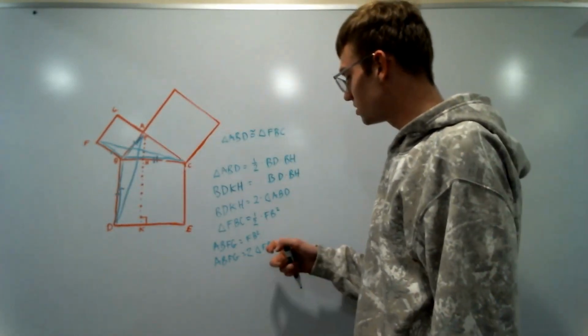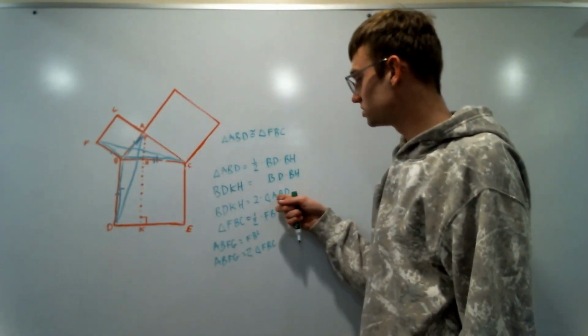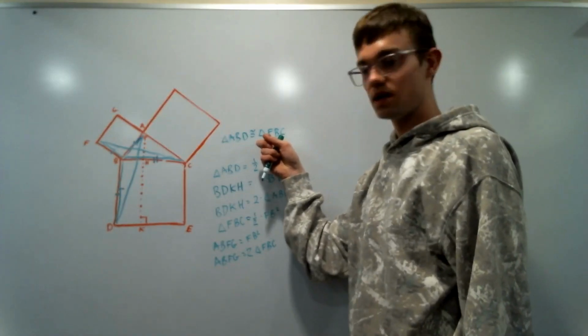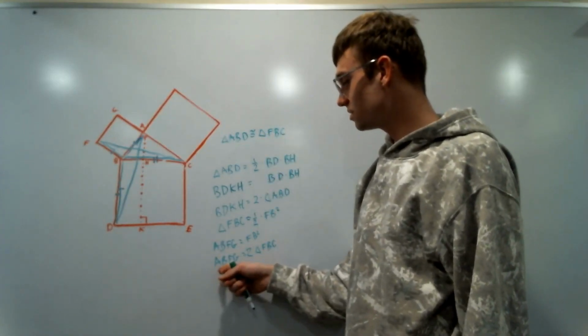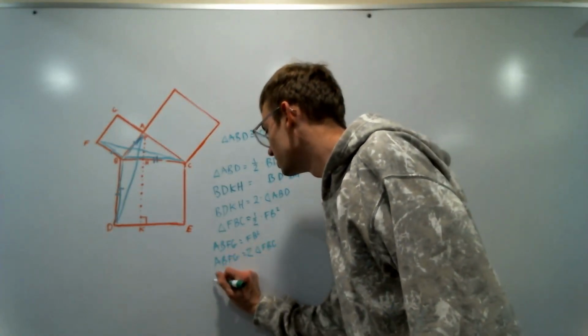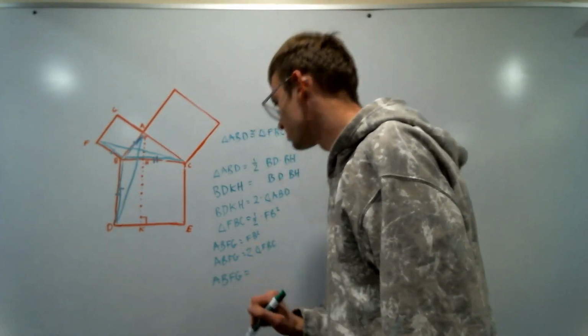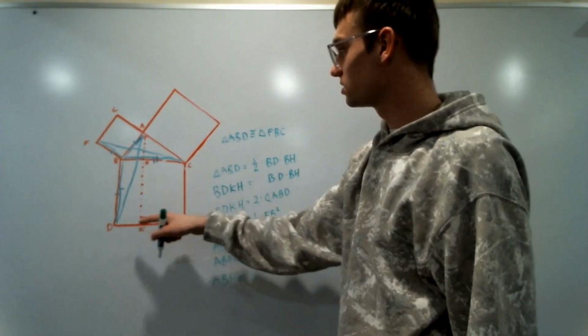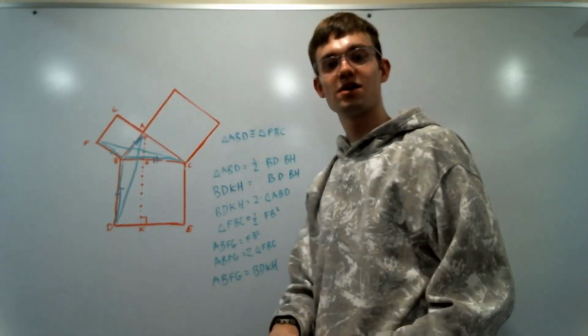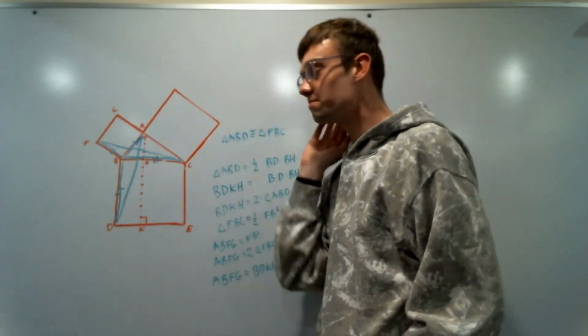But we said triangle FBC and triangle ABD were congruent. That means the area of square ABFG equals the area of this rectangle here, BDKH. And you can see how this leads to the complete proof.